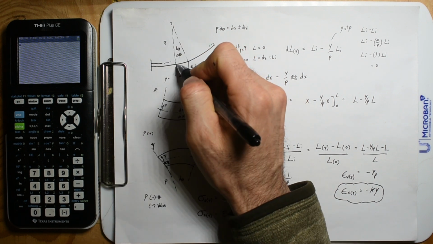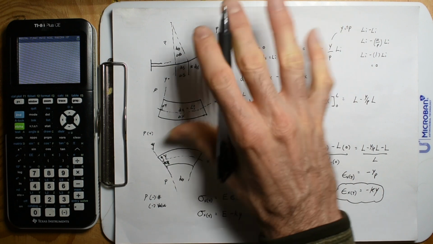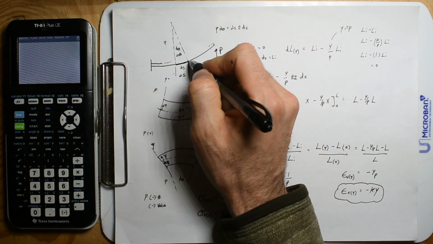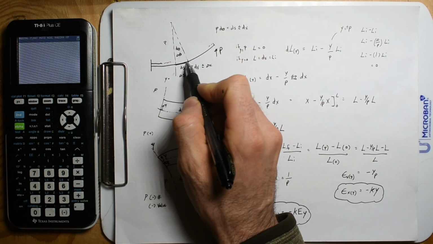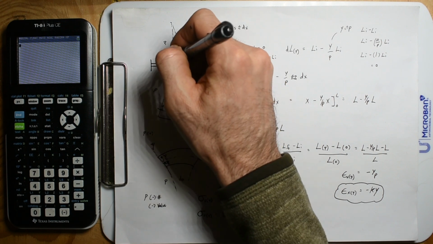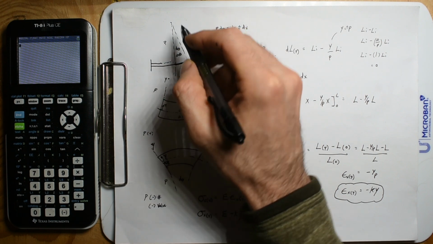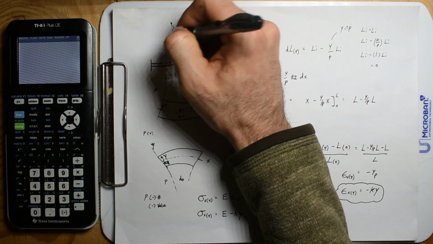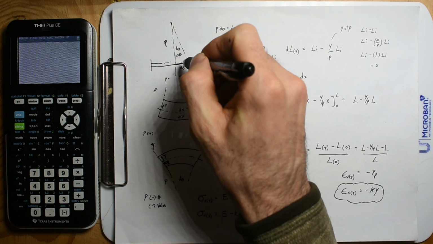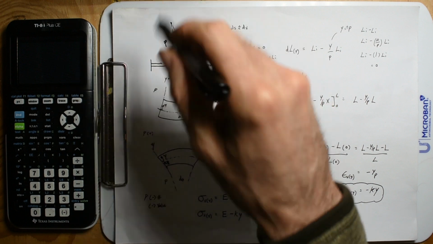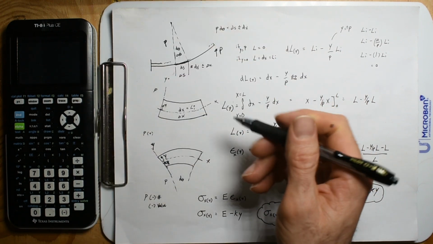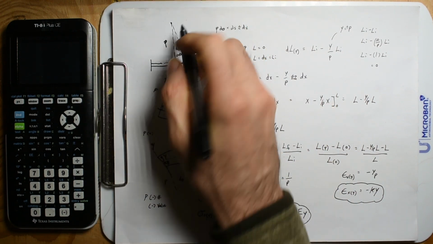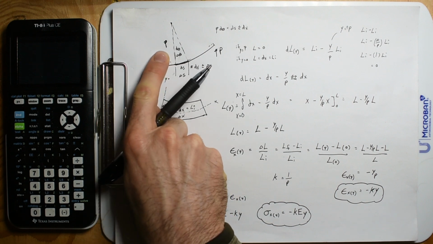You are going to have some sort of curve to this shape, and as you zoom in, you should be able to have a curve of a circle, and that is going to have a radius. If you took this little curve and just kept going all the way around, you would have a circle, and it would have a radius. For these problems, you use rho as your radius.